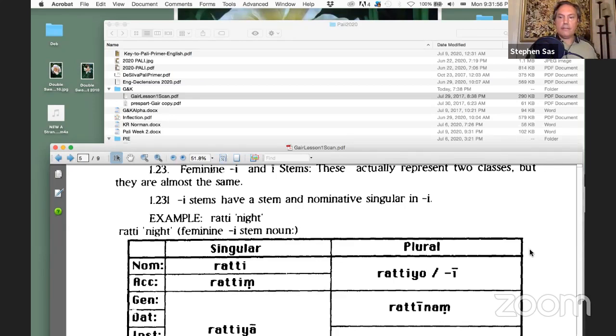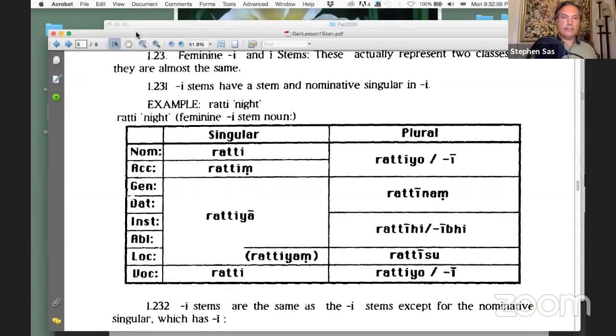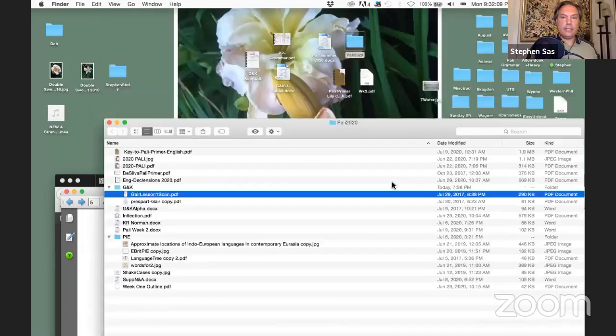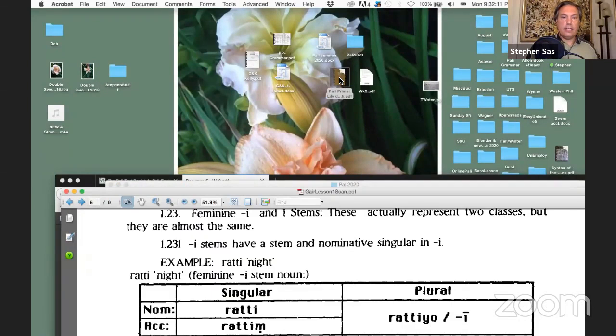And then I think we have one final question from Hitet. Hi, Stephen. Thank you. Very quickly, can we go back to exercise 10, number 12 from Pali Primer, please? Okay, give me a second.